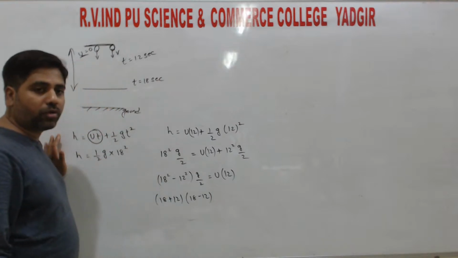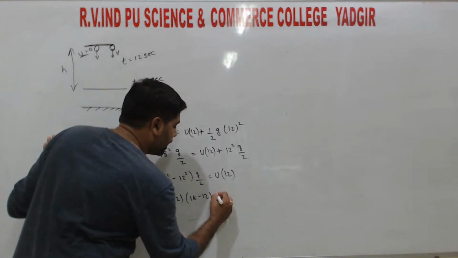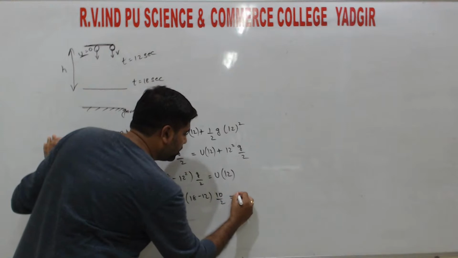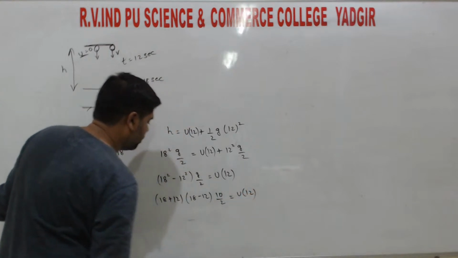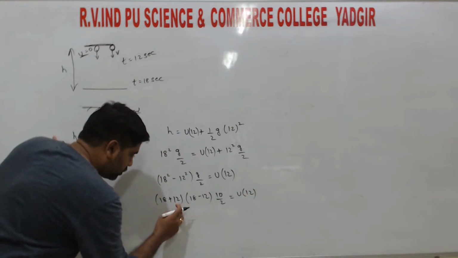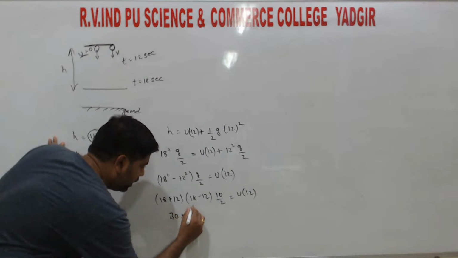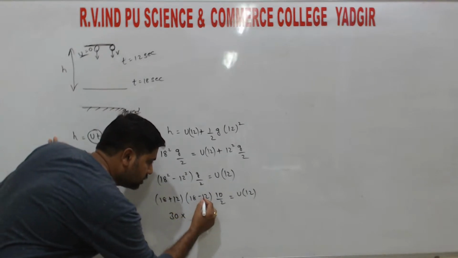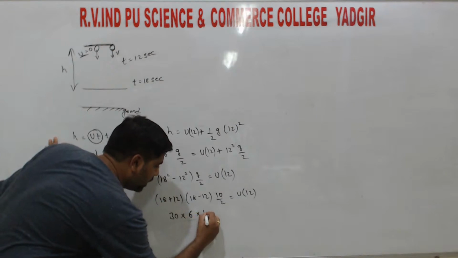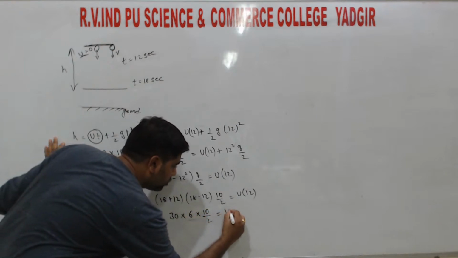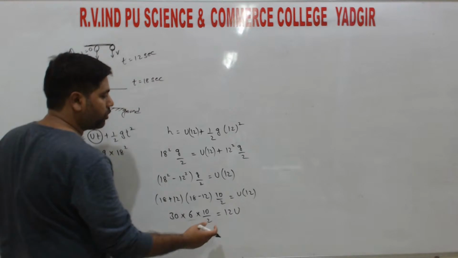So g is 10 by 2 equals u into 12, right? So 18 plus 12 is 30, into 18 minus 12 is 6, into 10 by 2, that is equal to 12 u or 12 v.